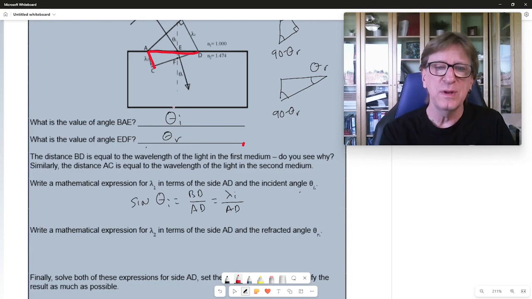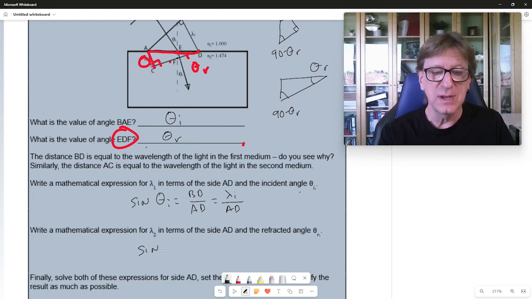Now we decided that this angle EDF here was theta r. So that angle right there is theta r, and this angle must be a right angle. So what can I say? How can I write this in terms of AD, which trig function am I going to use? Well, it's going to be the sine again. And so I get sine of theta r must equal AC over AD. And so that's going to be lambda 2 over AD.